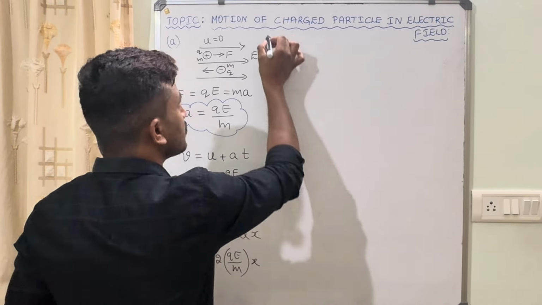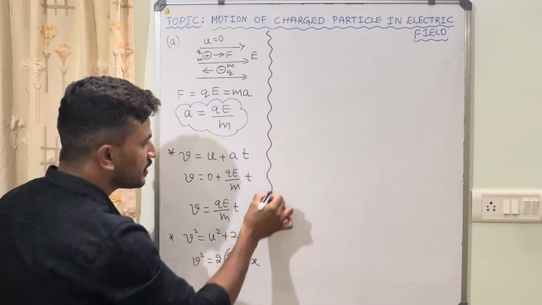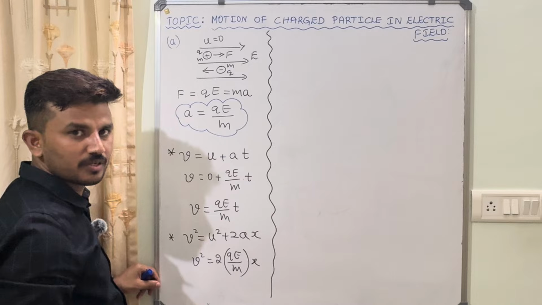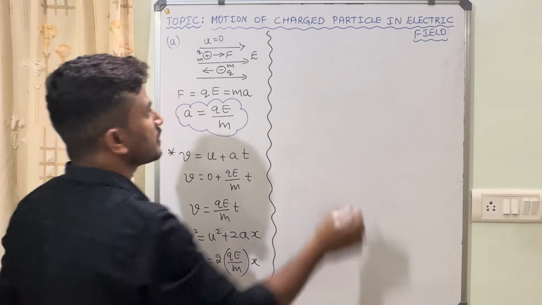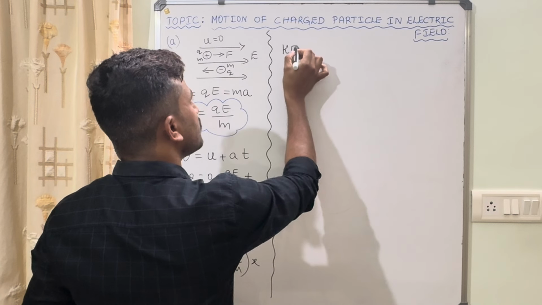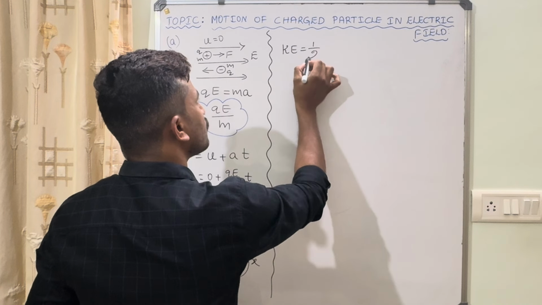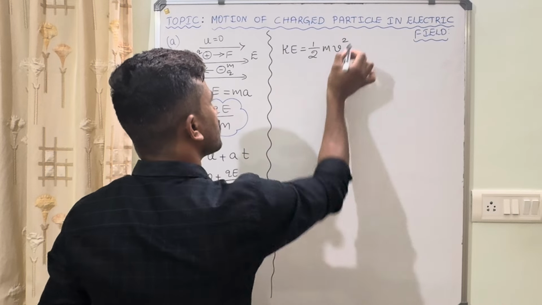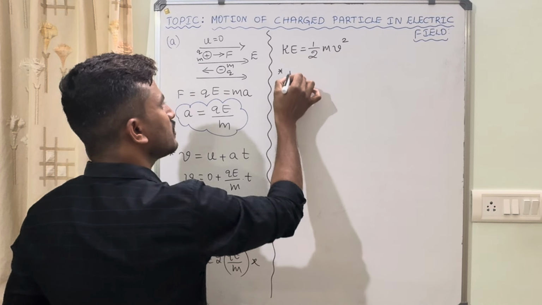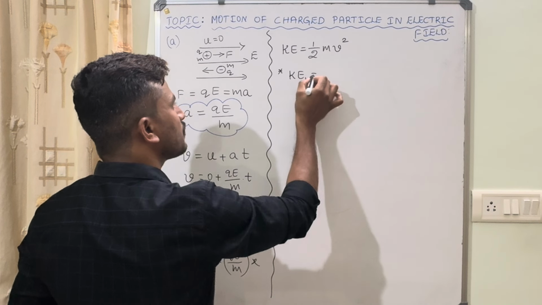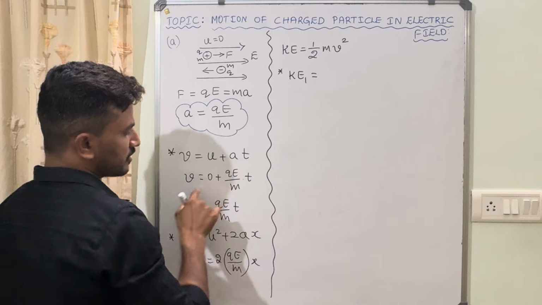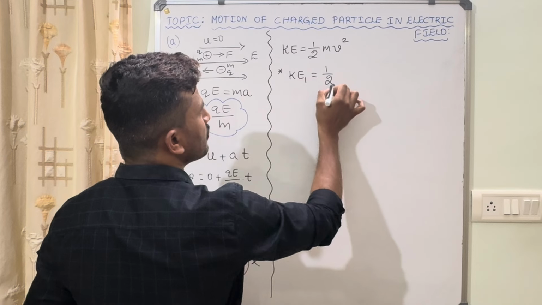Then you can write the kinetic energy gained by the charged particle. Okay, kinetic energy gained by the charged particle, that is kinetic energy is equal to half mv square. So, first one, kinetic energy in terms of time, I will substitute this half m.